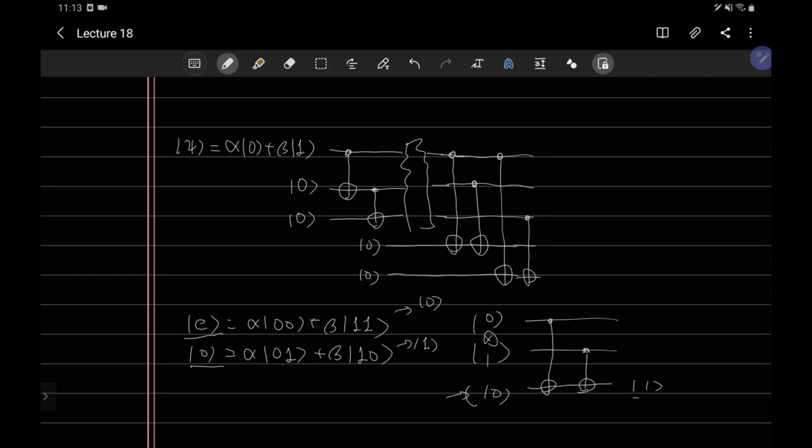And then we will measure the result here for these two qubits.